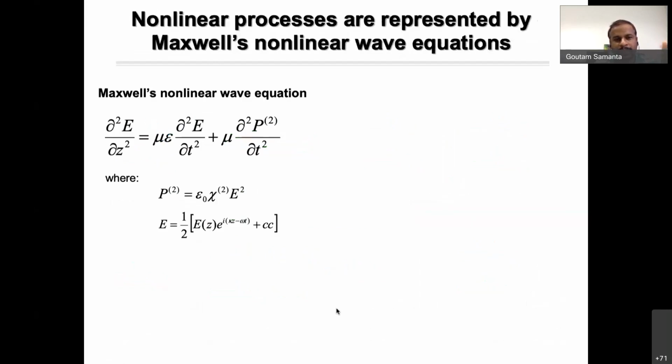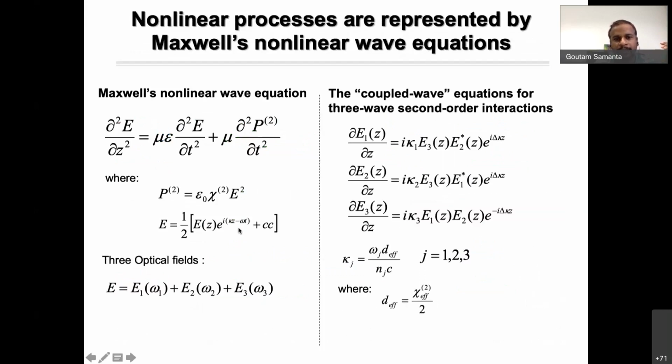All these processes are governed by Maxwell's equations. If we have three interacting fields, let's say one pump creating two other frequencies, then the variation of the electric field over the propagation distance through the nonlinear medium can be written using these three coupled amplitude equations.